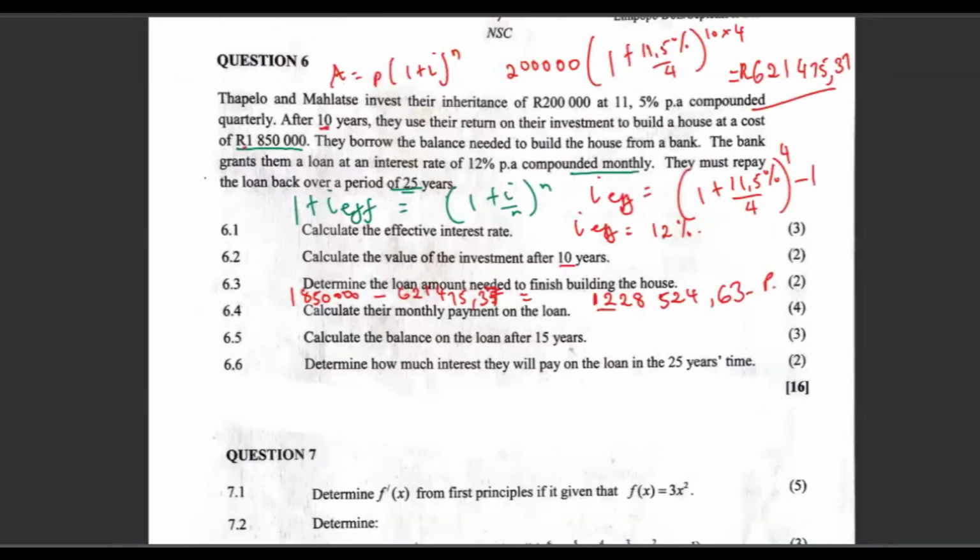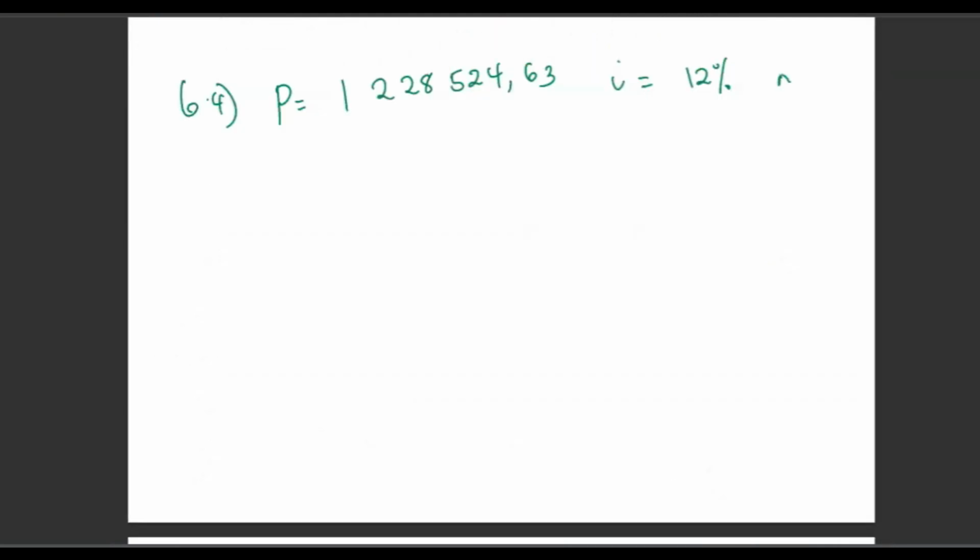So our present value is 1,228,524.63, our interest rate we know is 12% compounded monthly, and the period of time is 25 years.